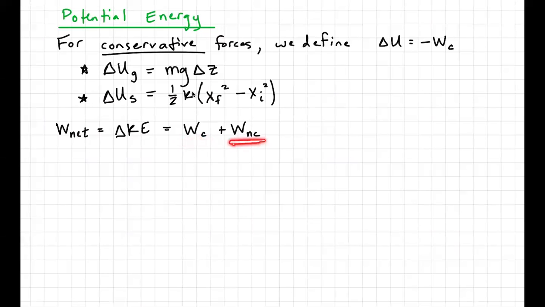And this would represent an integral F dL where the force there represents all the non-conservative forces in a problem. But according to our definition, we can replace the work done by conservative forces with negative change in potential energy. So we're replacing just the work done by conservative forces there. And so if I rearrange things, I end up with an expression that looks like this.